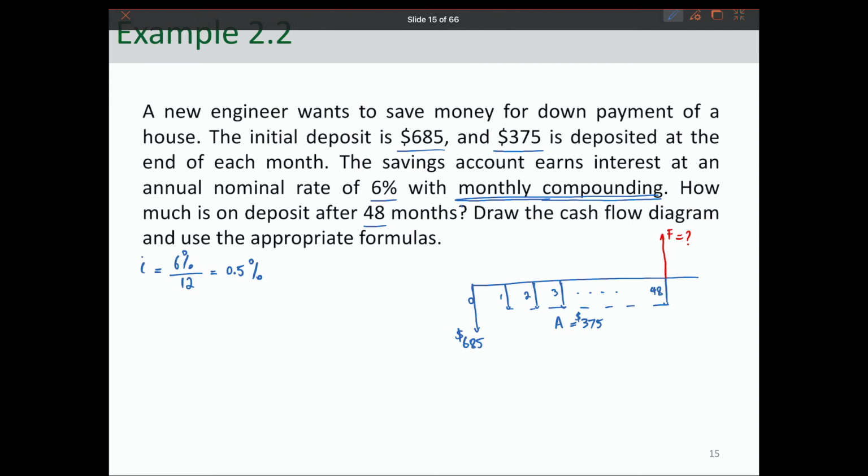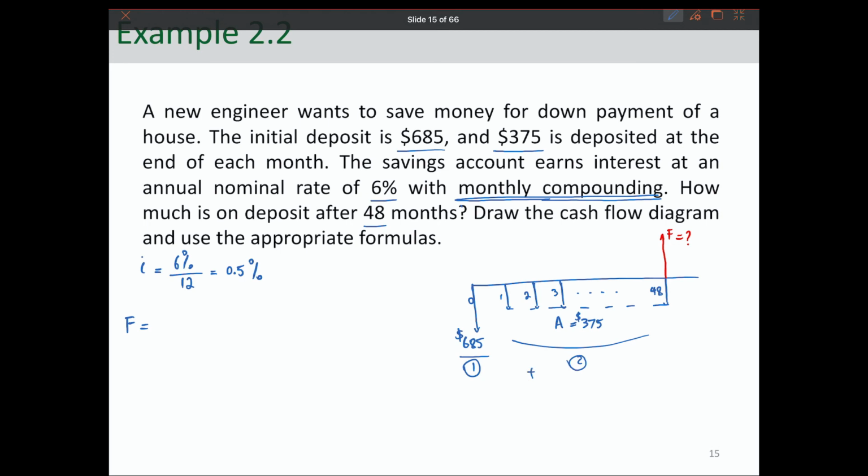So essentially it's the same process that we went through in the previous example, but this time we have a uniform series from period 1 through 48, but there is one initial payment of $685 as well. So the future value for this one would be a summation of the future value of $685 and also the future value of this uniform series, right?